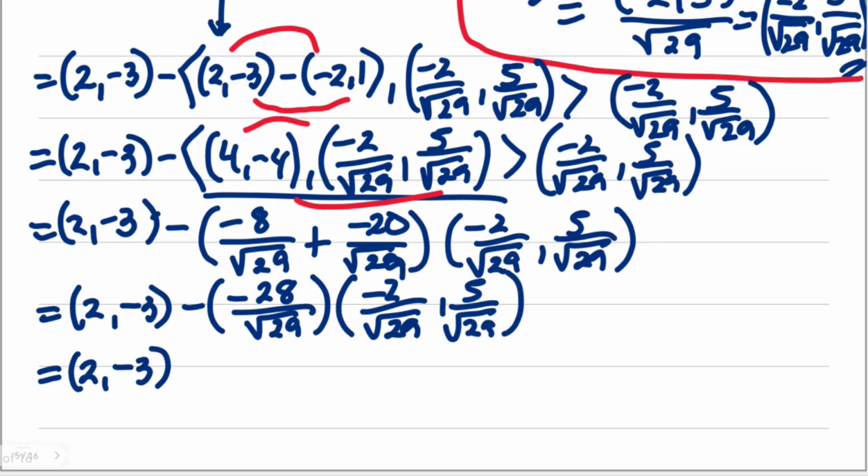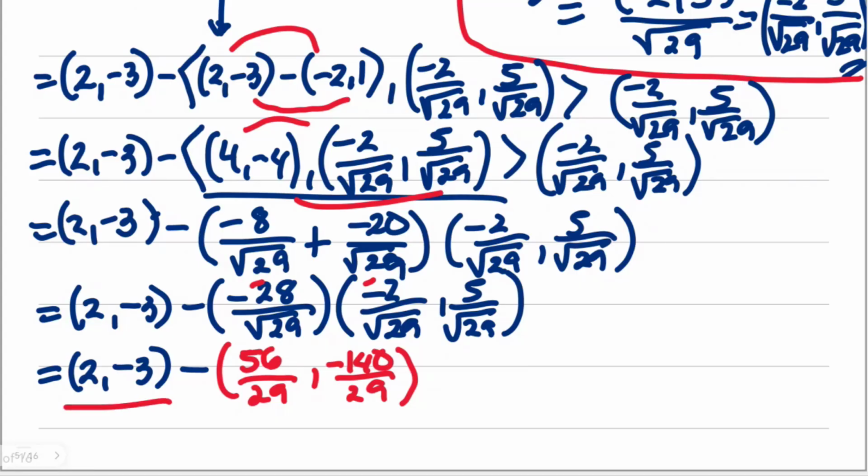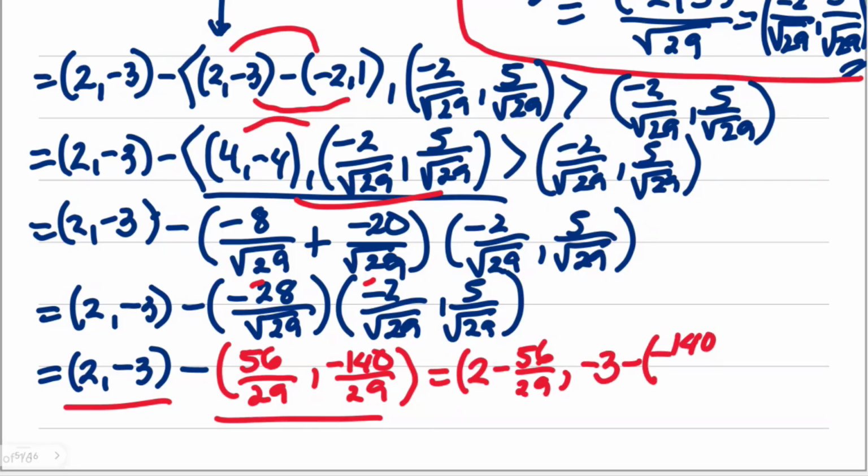So you have here minus negative 28 times -2, which is positive 56 over 29 now. Square root times square root is already removed. And then negative 28 times 5 is minus 140 over 29 still. Now this time we have 2 points. Simply combine them. So you will have to write 2 minus 56 over 29, and then you have here negative 3 minus negative 140 over 29.